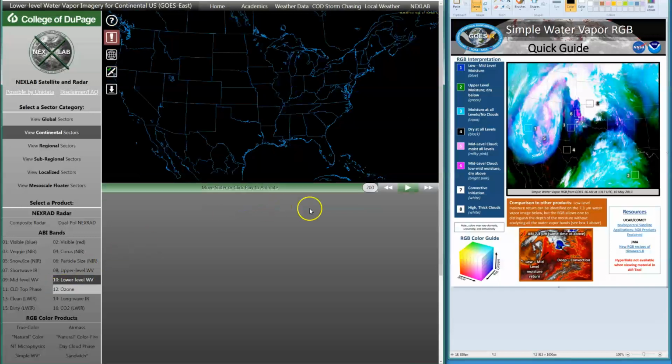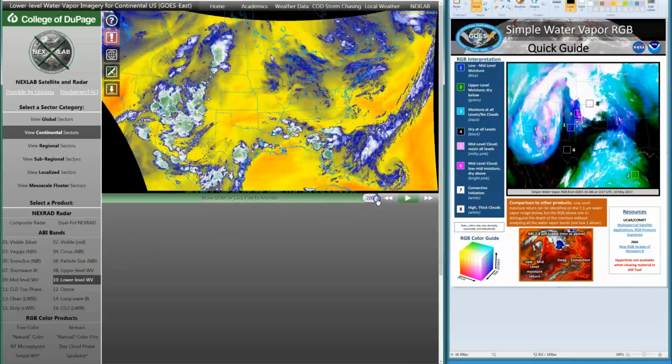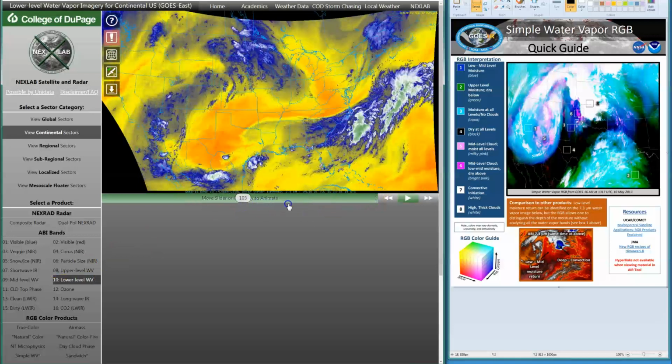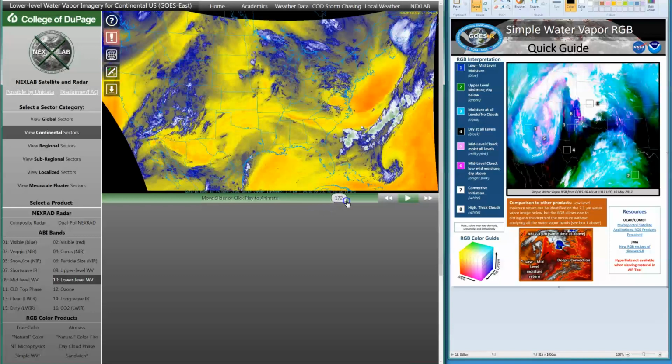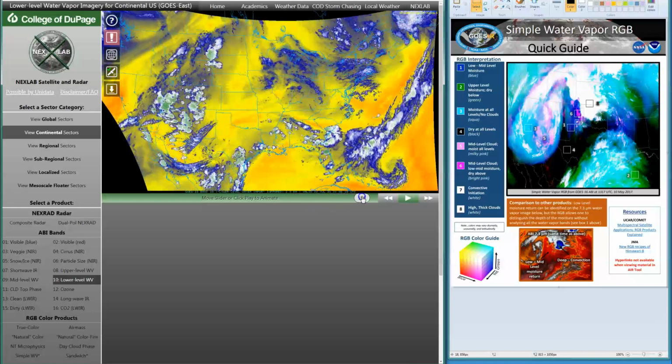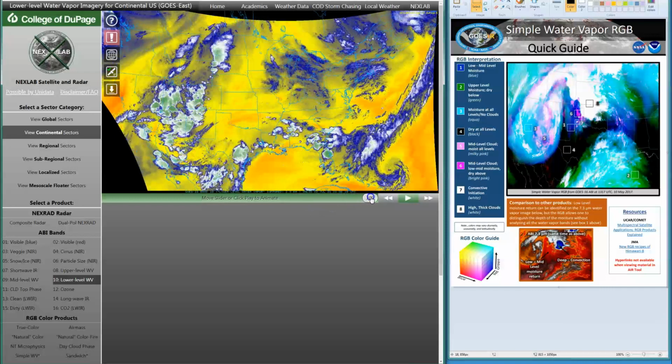When we get into the low-level water vapor, this one's going to show up now, and you can see the dispersement of the cloud cover on the low-level water vapor imagery. You can see this. And of course, the monsoon season. Here we have an upper level low over Texas and an upslope flow where all the shower and thunderstorm activity in the greens and whites is occurring.